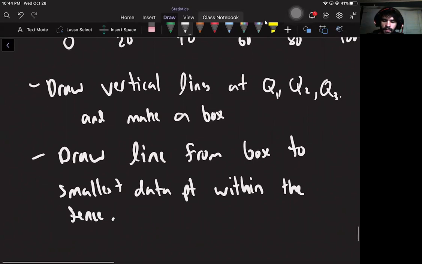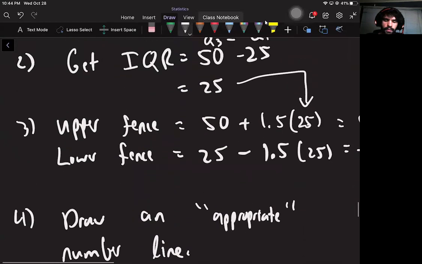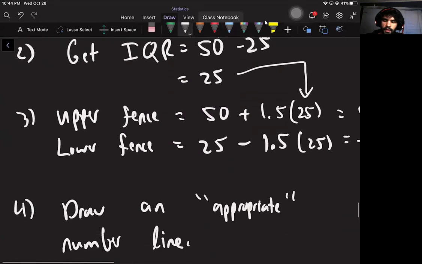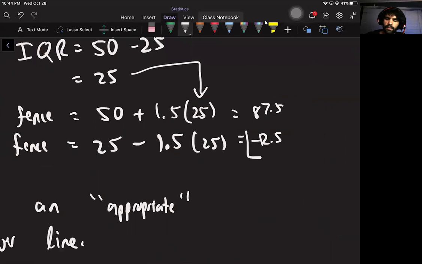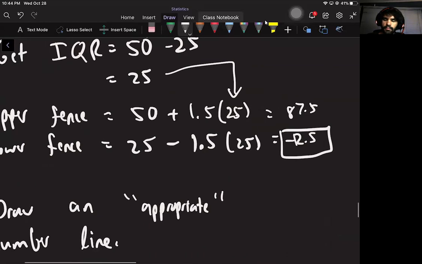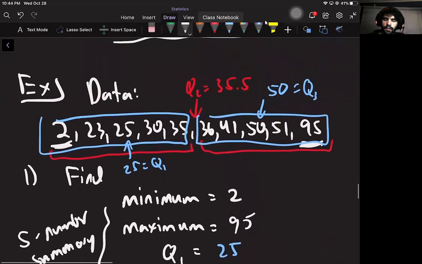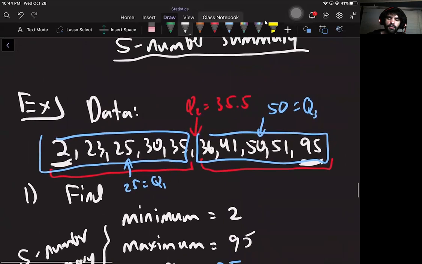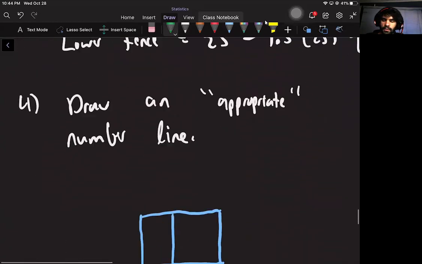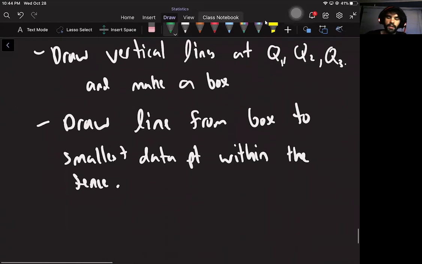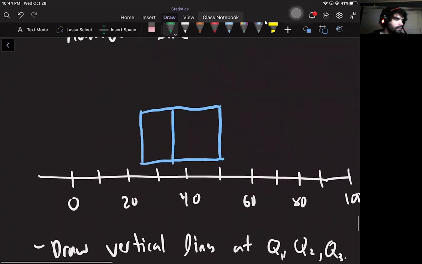So what that means is I have to look at my data and I have to look at my fence and I have to say my lower fence is negative 12.5. What is the lowest data point still within the fence? Well, it's just 2 because 2 is the lowest data and it's still within the fence. So in this case, it's 2. So I'm going to draw a line from the box down to 2. You can just estimate.